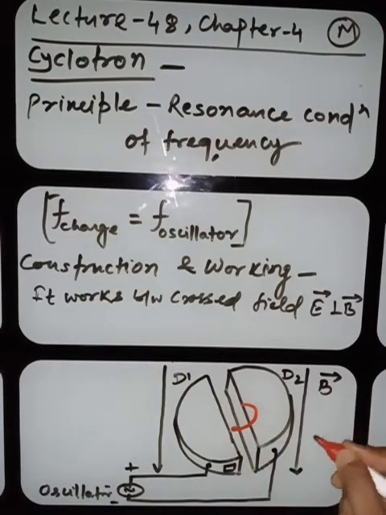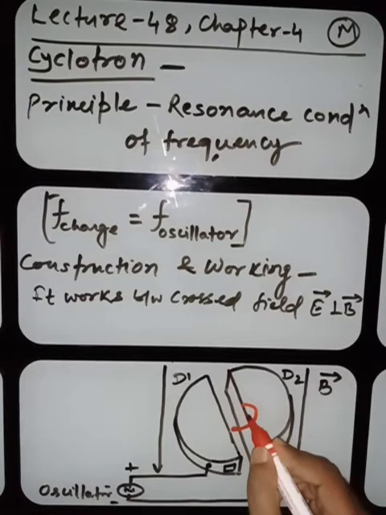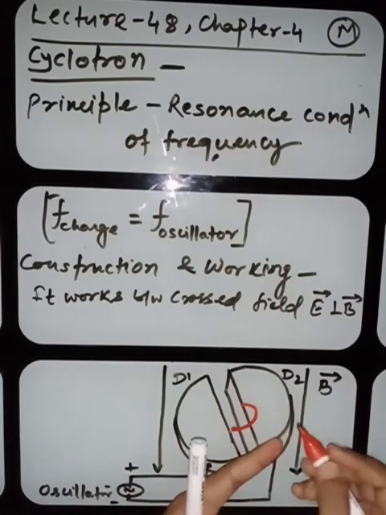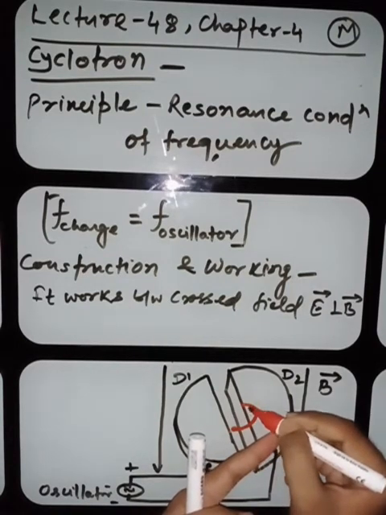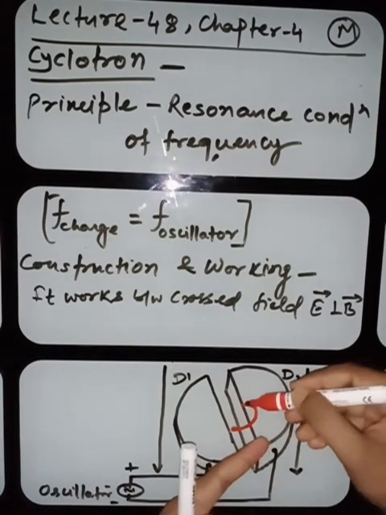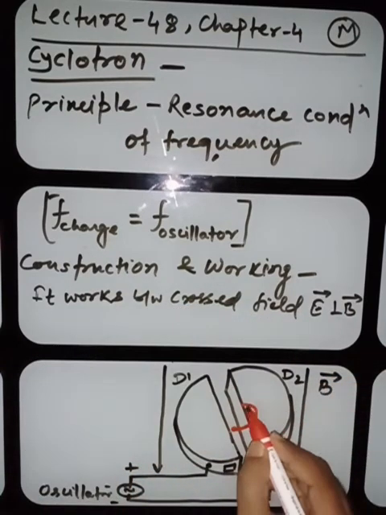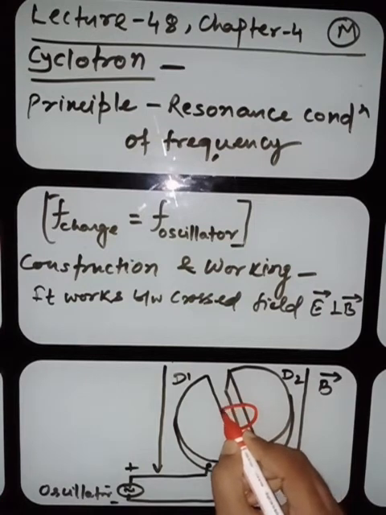Why? Due to the magnetic field. As this charged particle leaves the D, the electric field direction is this way. But as soon as the charged particle is leaving this D, the direction of the electric field is going to be changed.